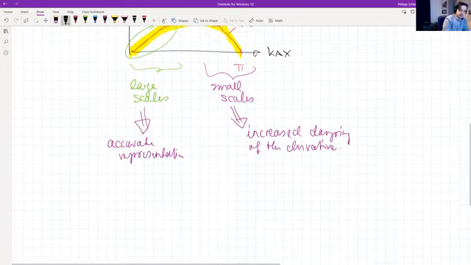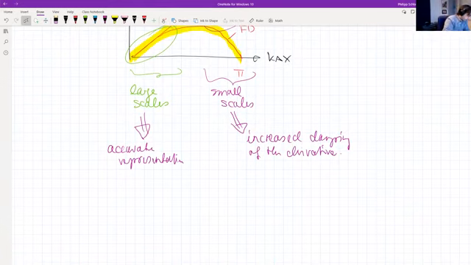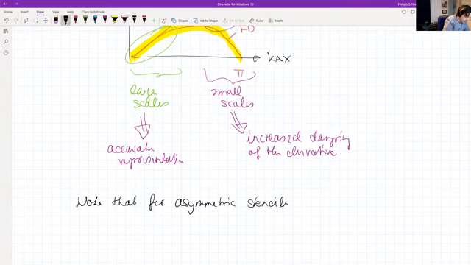So let me just write that down. Note that for asymmetric schemes, or asymmetric stencils of the finite difference scheme, the modified wave number is in general complex.